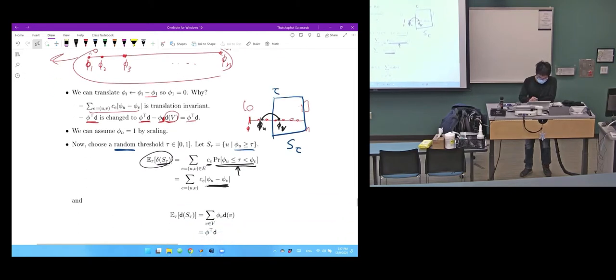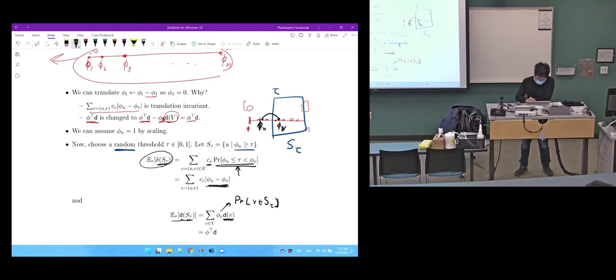And how about the expected total demand of S tau? Well, for every node v, you look at its demand, and you know that phi of v is exactly the probability that v is in S tau.